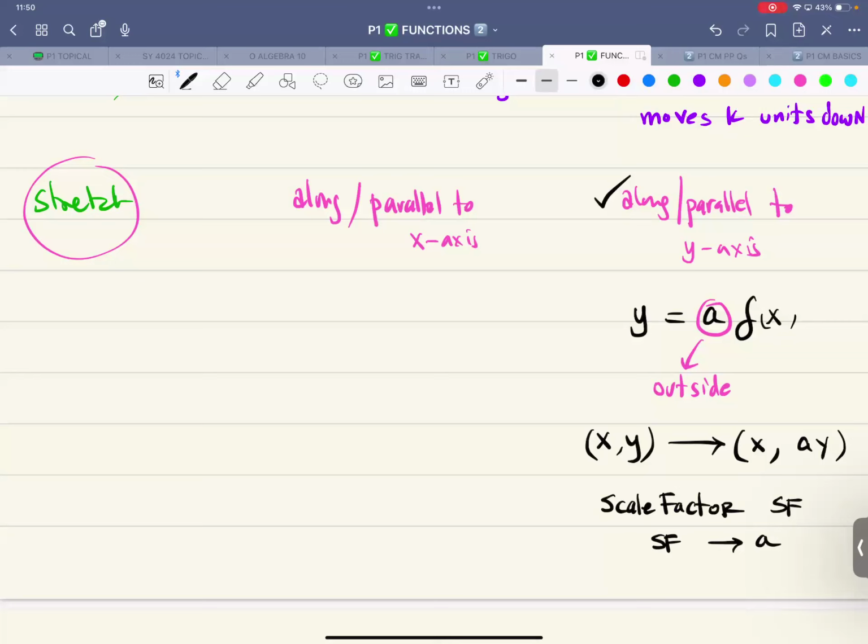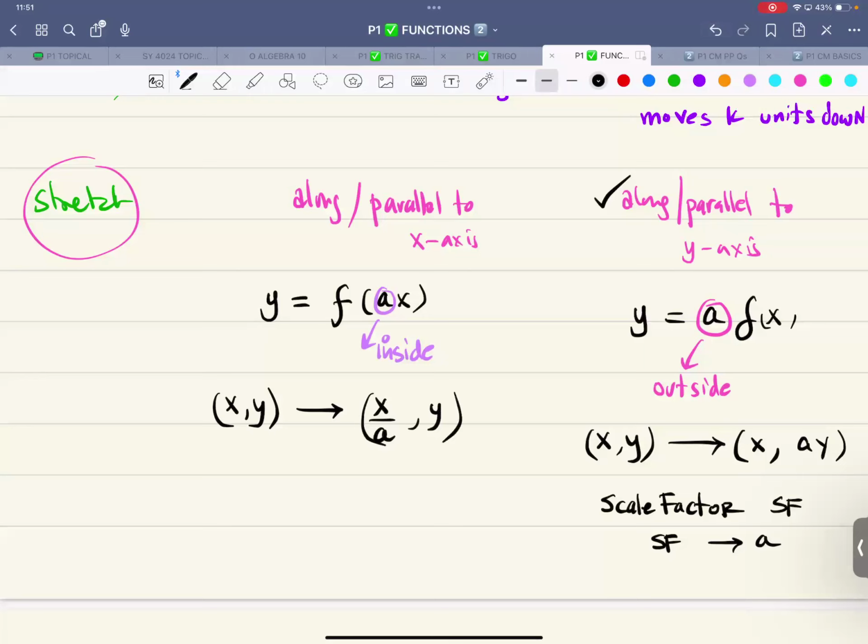Now, when we talk about stretch parallel to x-axis, this is of the format y equals f of ax. Now, this a is on the inside. And what happens is that a point such as (x, y) will become (x over a, y).